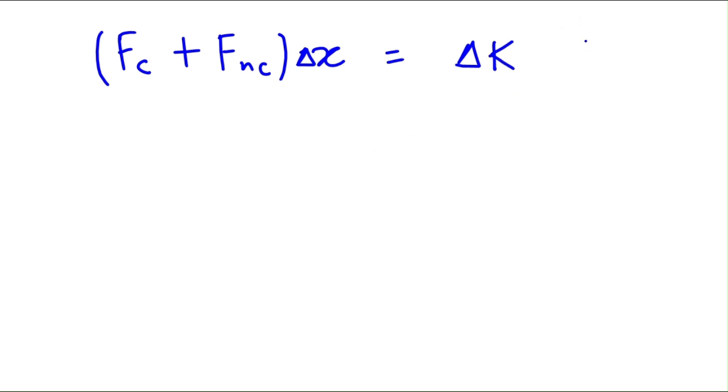Remember, we have already discussed these things. That is, work done on a system is going to change its kinetic energy, and that change in kinetic energy is numerically equal to the work done on the system.